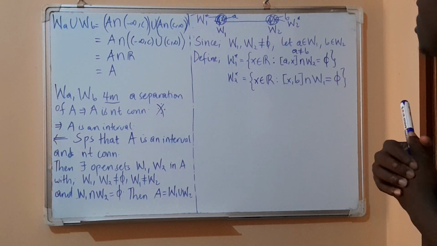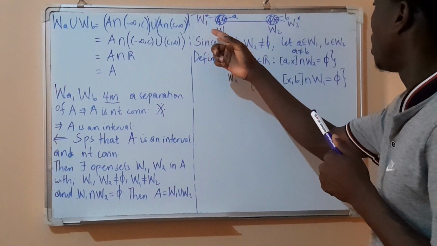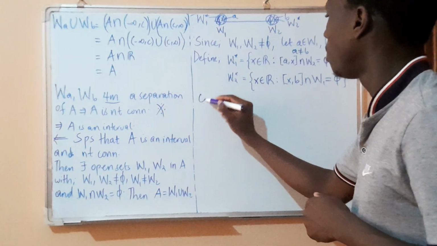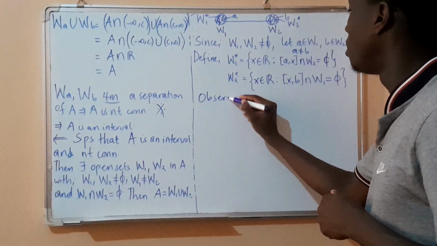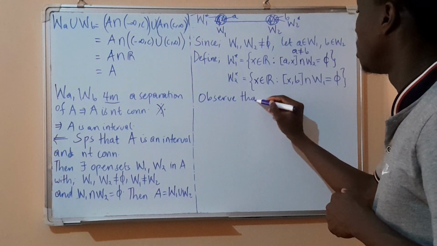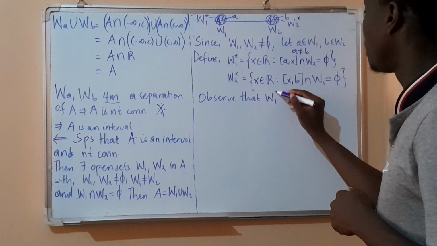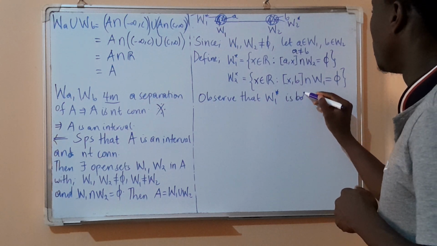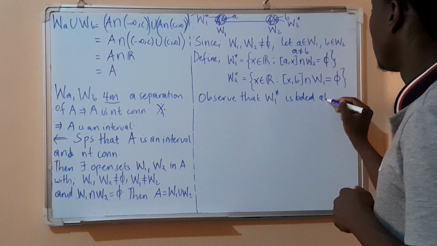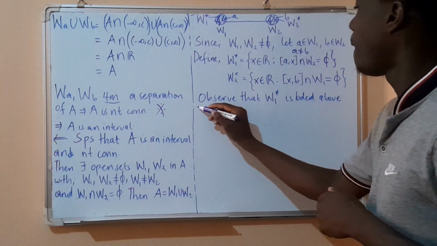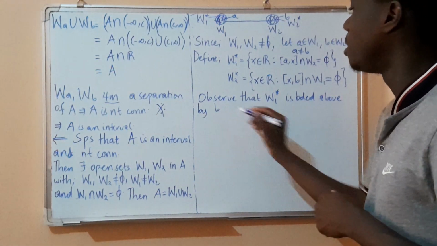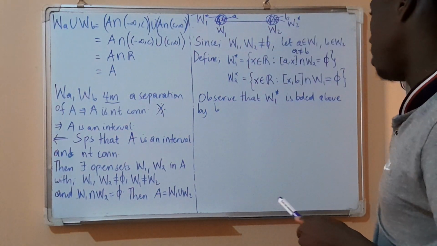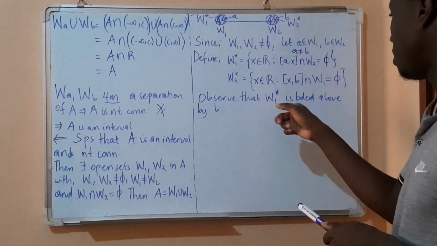So you observe that this is W1 and this is W2. You observe that W1 star is bounded above by B. W1 star is here. So B is an upper bound of W1 star.